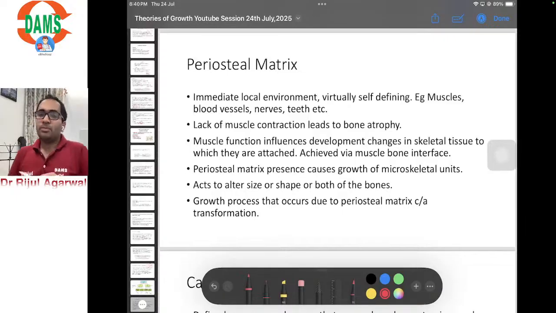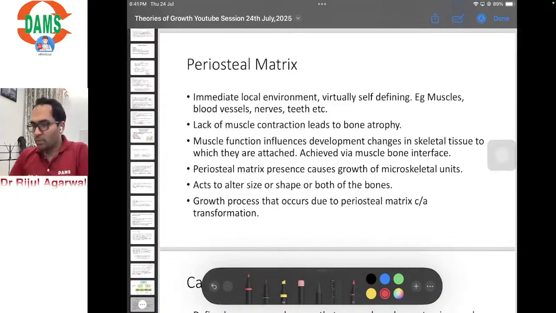So coming to the periosteal matrix. What is a periosteal matrix? The periosteal matrix is the immediate local environment surrounding that soft tissue. Sir, is this the most accepted theory? No, Komal, this is not the most accepted theory.